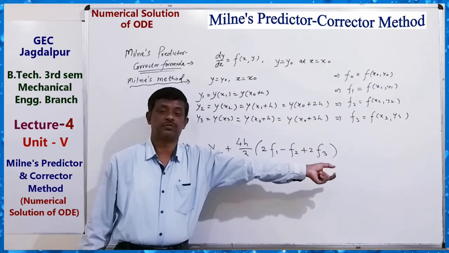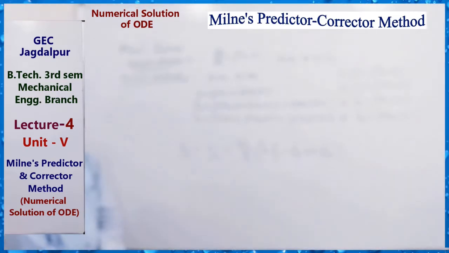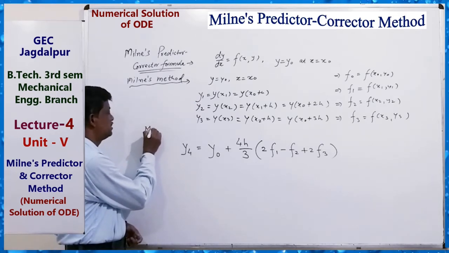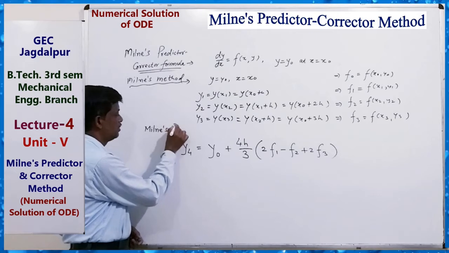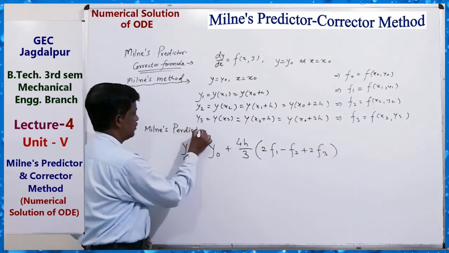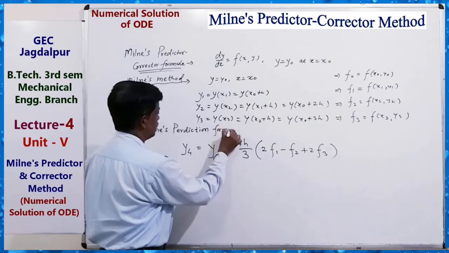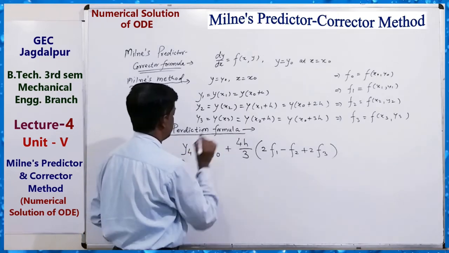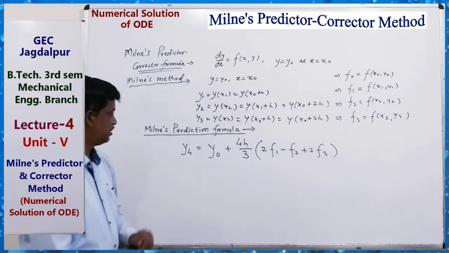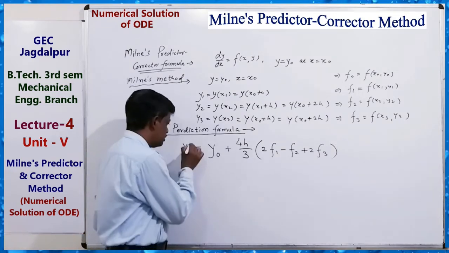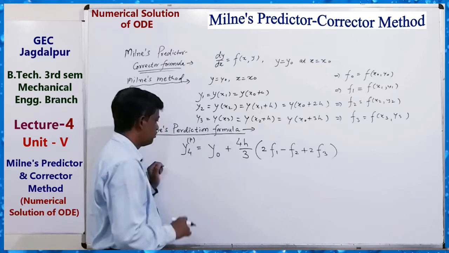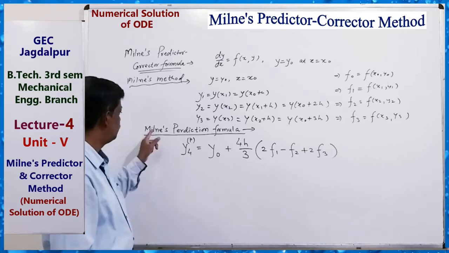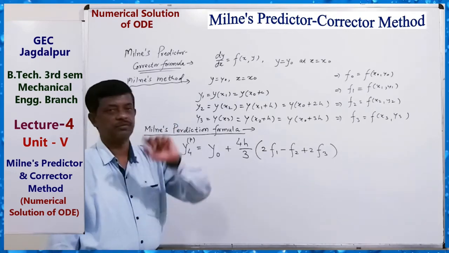By using Newton's forward formula, you can get this, and this is the prediction formula, Milne's prediction formula. Clear? This is the predicted value, so we write P here: the predicted value of y4 due to Milne's prediction formula.